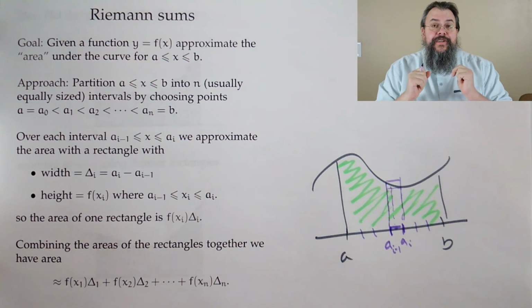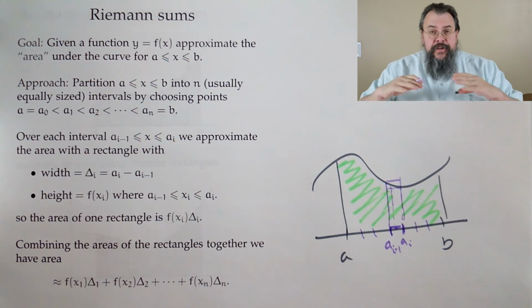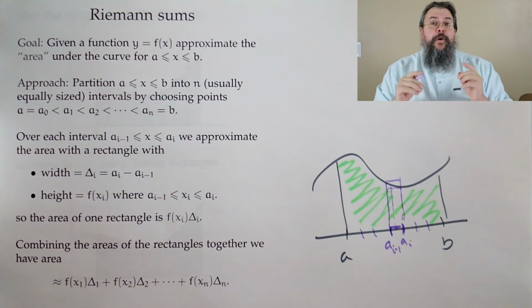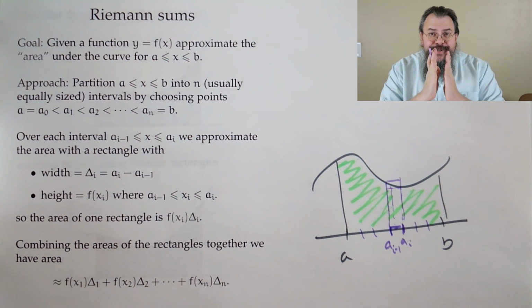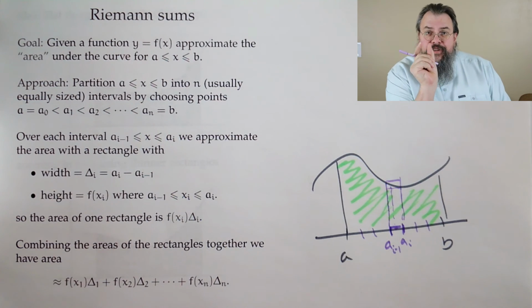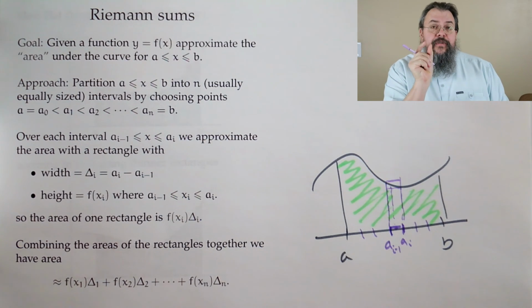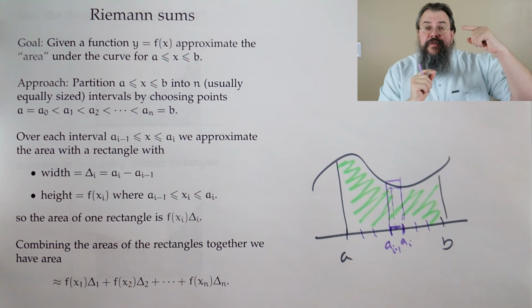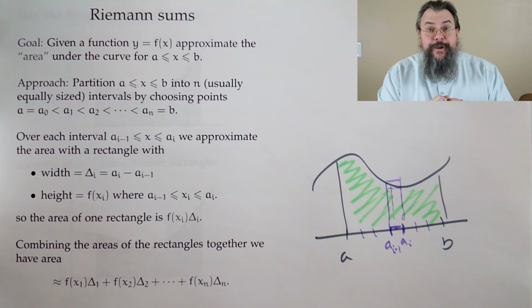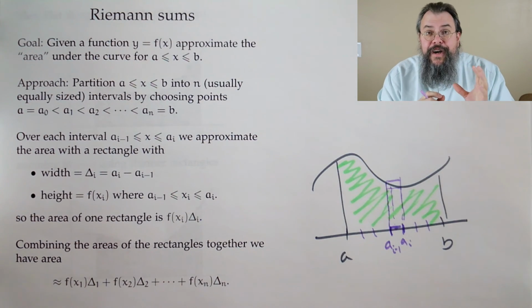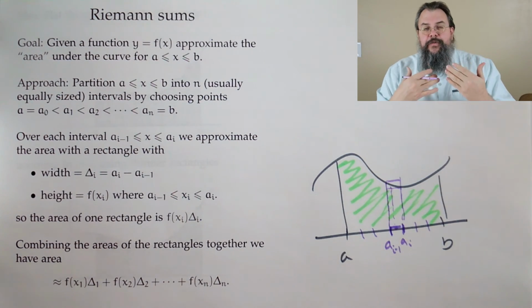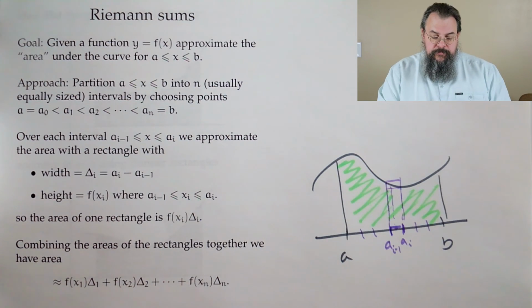But now, here's the important idea. Here's the magic that makes everything work. While it's true that the heights will vary, when we're close together, so in other words, a sub i minus a sub i minus 1 is very small, the height upstairs will not vary by very much, which says, okay, you might have a little bit of perturbation, but very small, and that's why it's a good approximation.